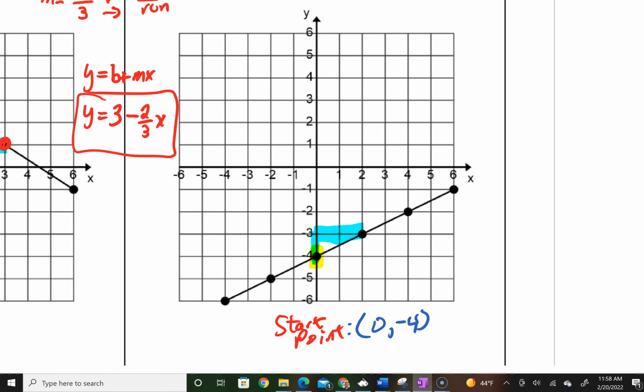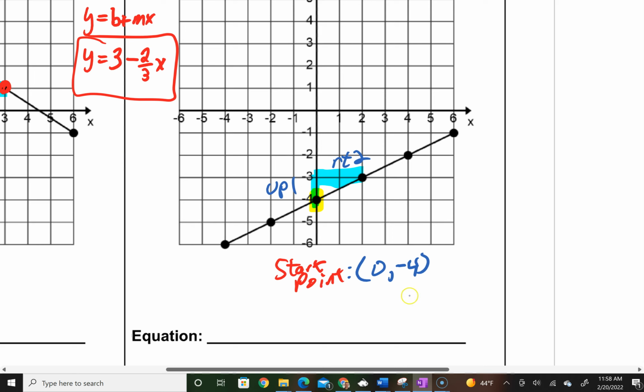How am I going from that starting point? Well, you can see right here I'm going up 1. I'm going right 2. Up 1, right 2. So what we've got right here is your m. You're going up 1, right 2. It's going to look just like so.